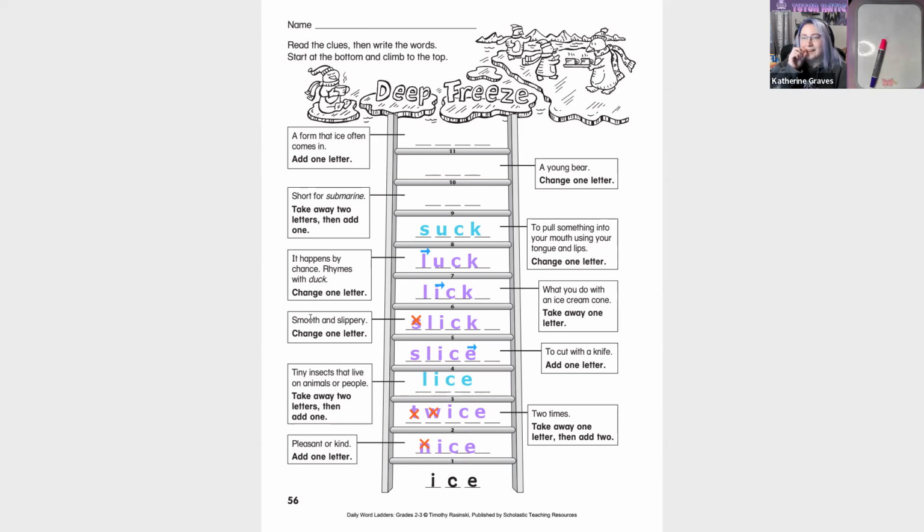So I suck my drink through a straw. Or if someone's really bad at something and I want to be mean to them, I go, you suck. You're horrible. You're terrible at soccer and you should never play again. You suck.